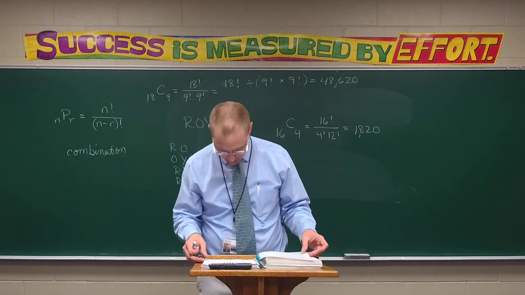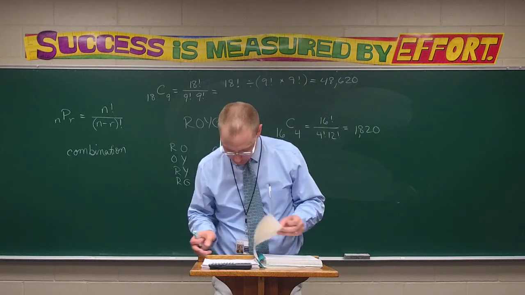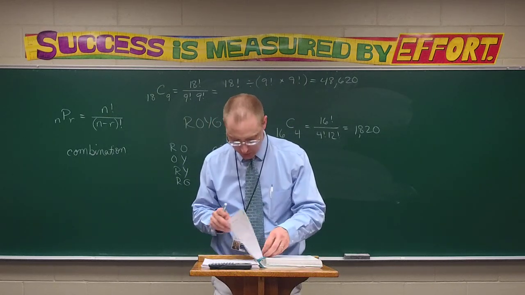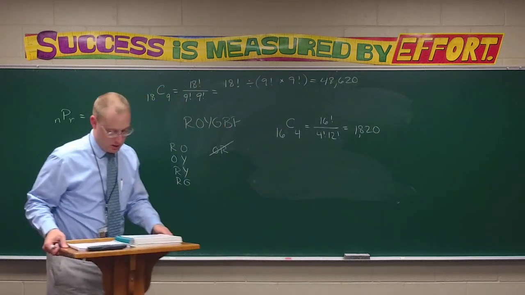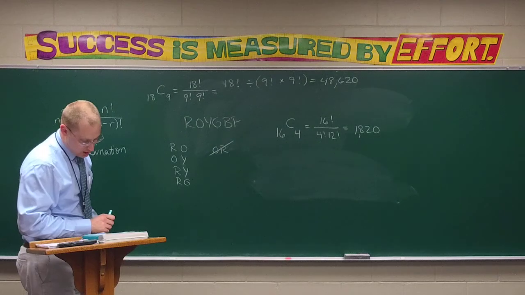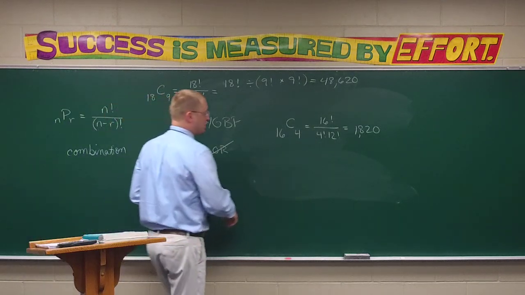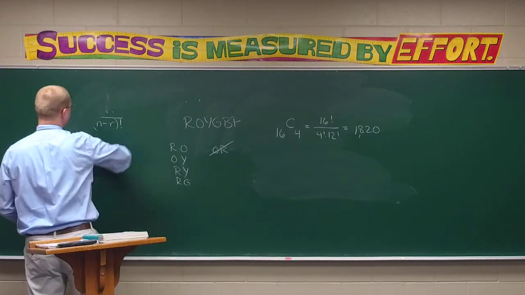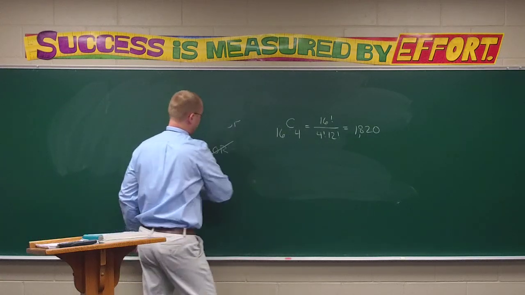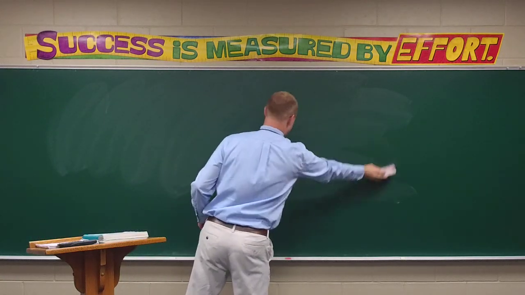For now, though, turn to page 486. Let's take a look at number 25. Solving a combination of 13 choose 5. Combination of 13 choose 5. What is my formula for the combination?